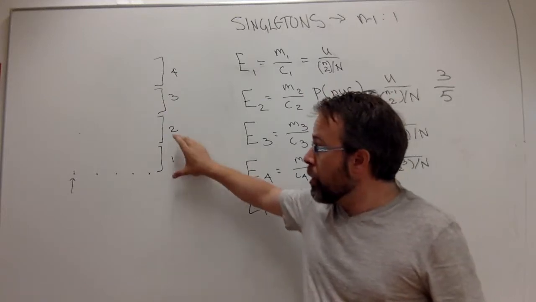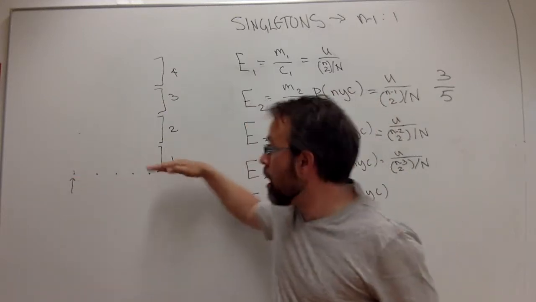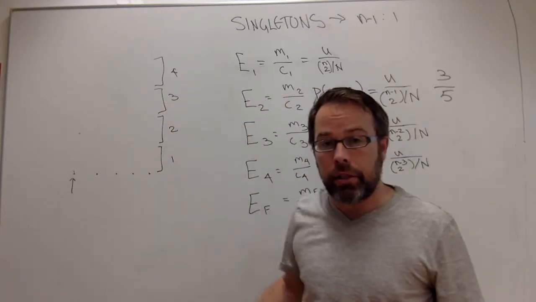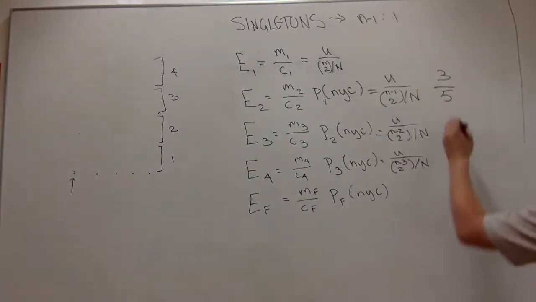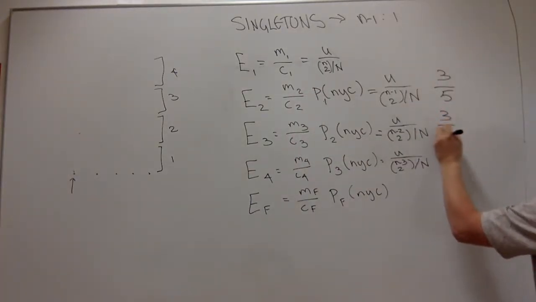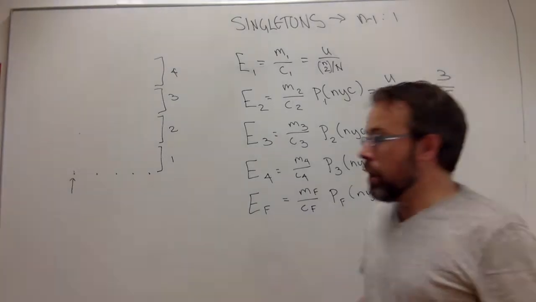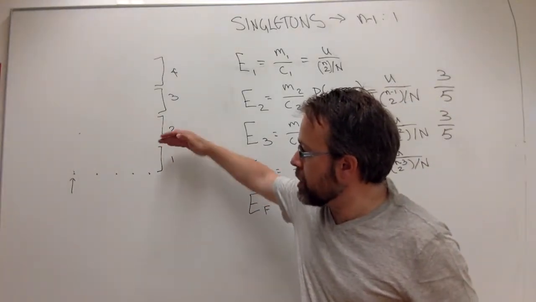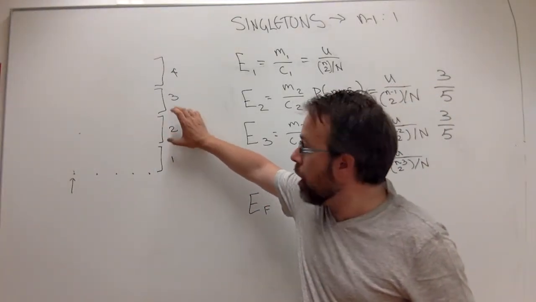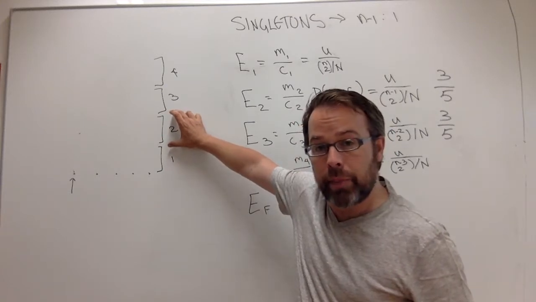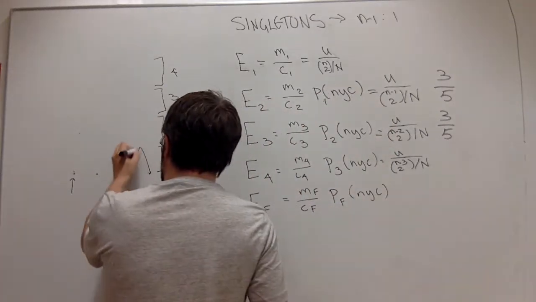Then what's the probability that this individual has not coalesced by the second coalescent interval? That's the chance it did not coalesce in the first interval, times the chance it does not participate here. Let's draw that out.